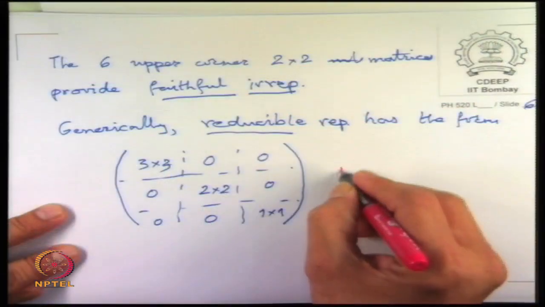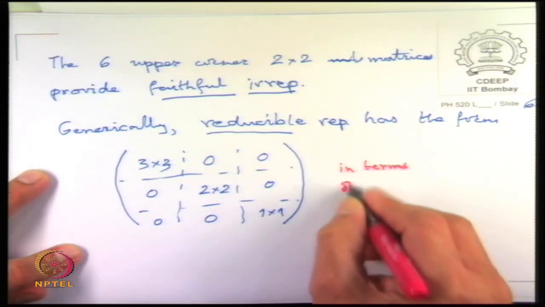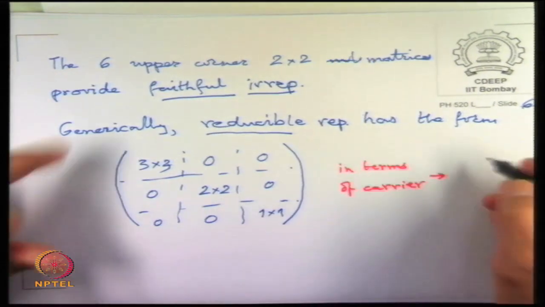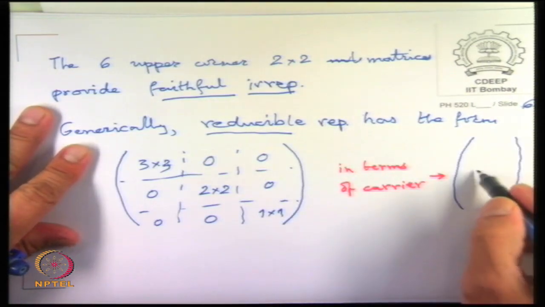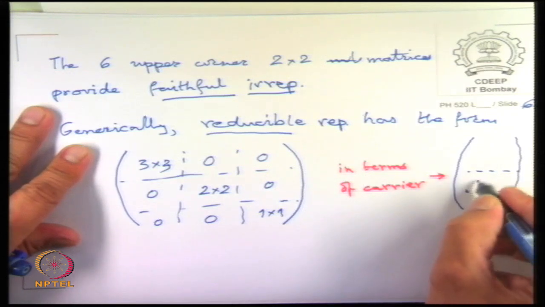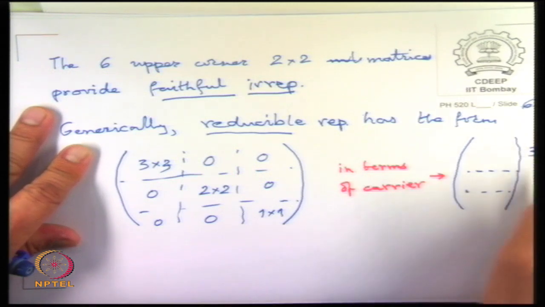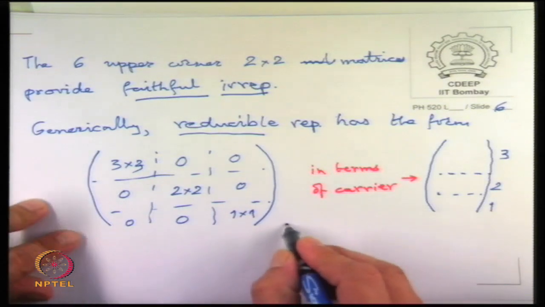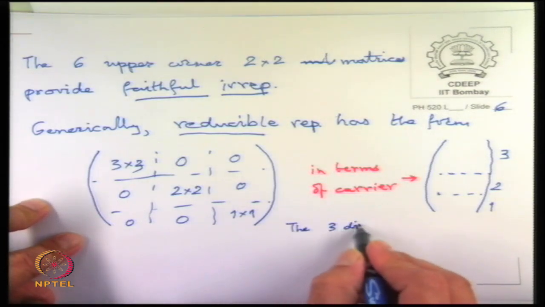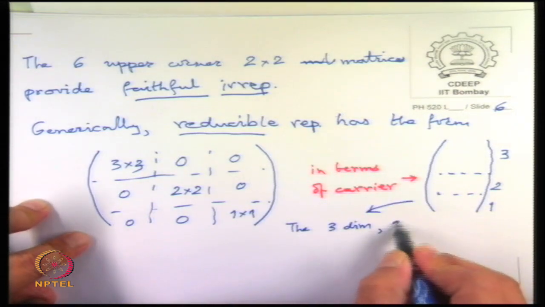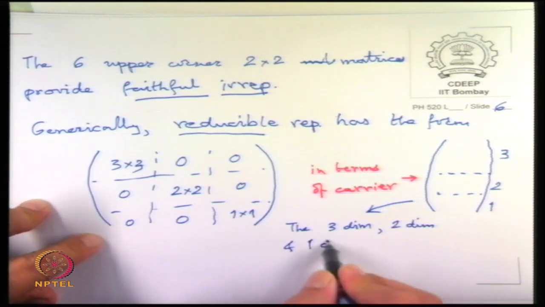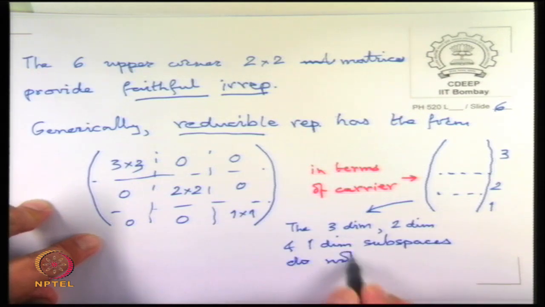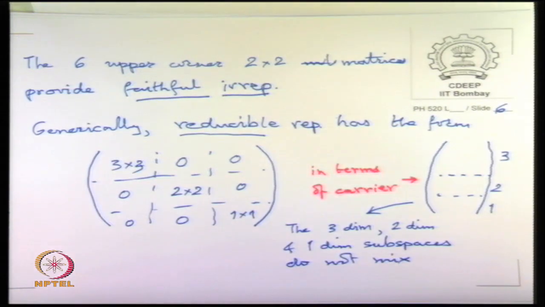So this is 3 entries, 2 entries and 1 entry, one component, and those don't mix when it is a reducible representation.